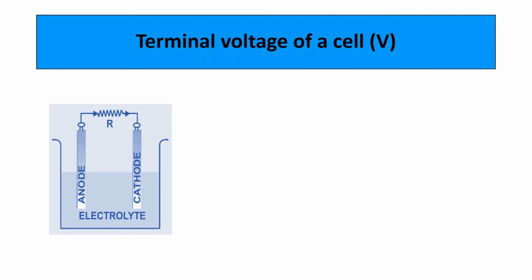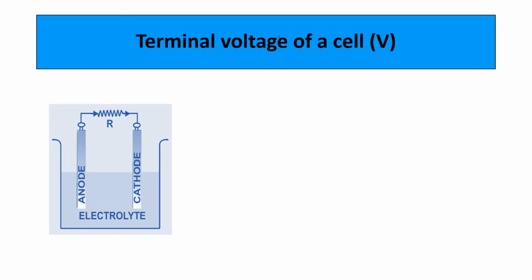What do you mean by terminal voltage or potential difference of a cell? It is represented using the letter V. Earlier we have seen electromotive force. Electromotive force or EMF is the potential difference when the cell is in open circuit. When the cell is in closed circuit, you will get the terminal potential difference or terminal voltage.